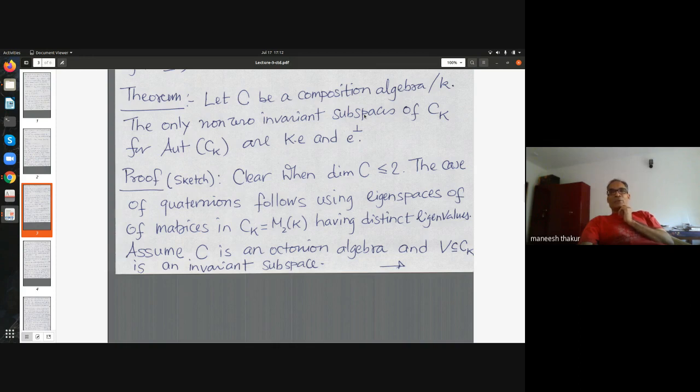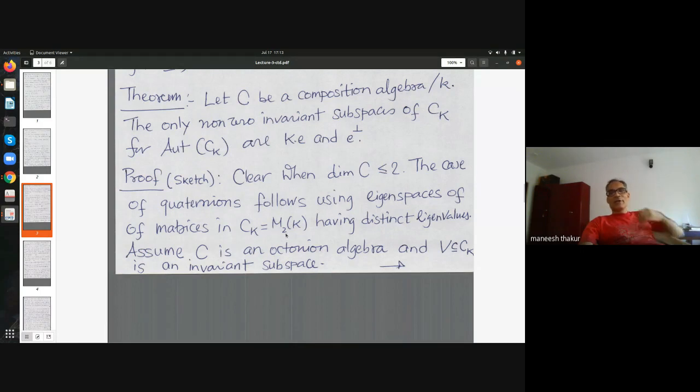That means they have to be invariant under the whole automorphism group. So look at matrices in M2K which have distinct eigenvalues, and such matrices we have used to write down automorphisms. Using that, we can settle the case of quaternions.